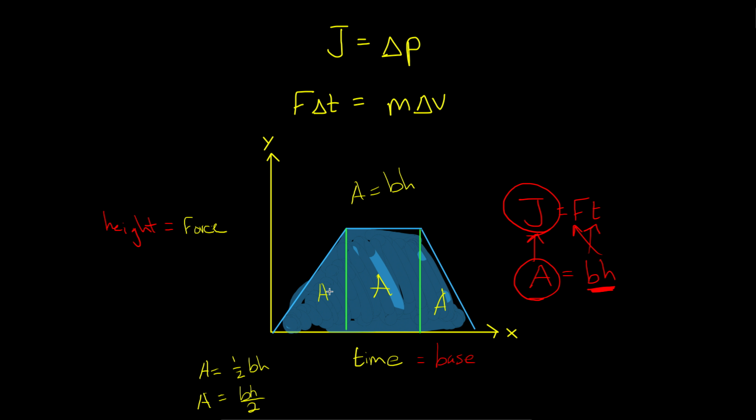Once you have found all three areas, simply add up all the areas together and you'll get the total area underneath the curve, which is basically the impulse of that object over that certain period of time.